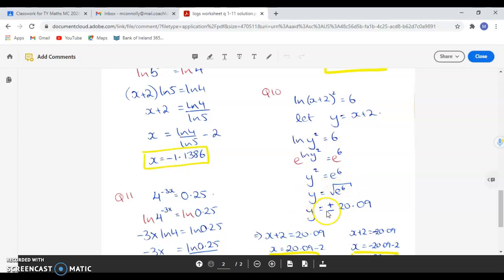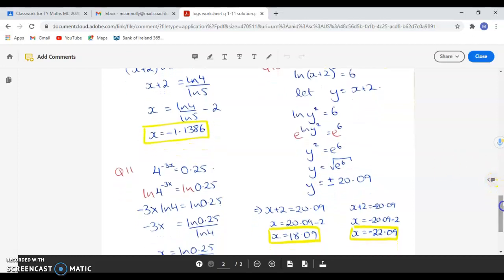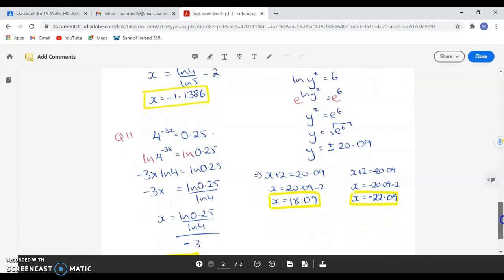So y is equal to plus or minus 20.09. That's important. When you're square rooting, it can be plus or minus. Then go back and see, y was x plus 2. So you leave each one of your answers equal to x plus 2, and that's how the two answers come about. Sorry about that. Will you go and correct that in your copy, lads? Because I had the wrong explanation earlier. So that's that one.